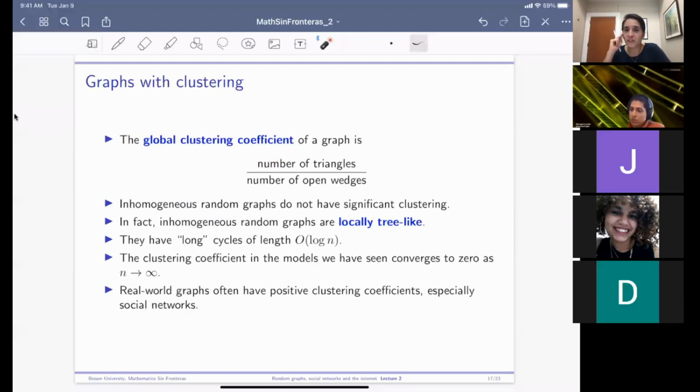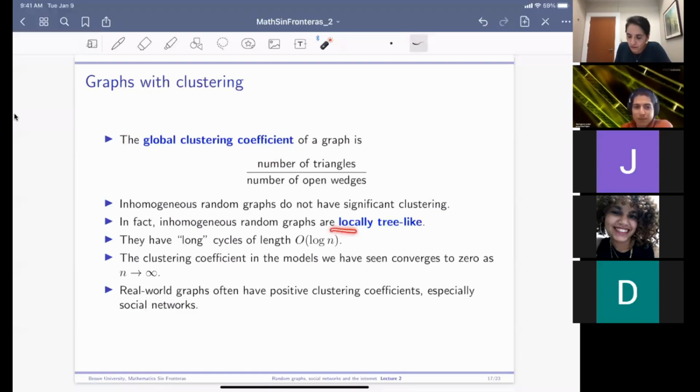That means the number of triangles divided by the number of open wedges is converging to 0 as n goes to infinity. So in that sense, those models are not great for depicting the fact that people like to make triangles, and with triangles you can make cliques, and bigger cliques. So for that I'm going to have to give you yet another model that can do that.